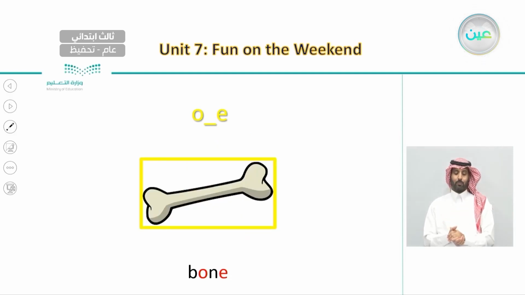And also the other word from the OE group of words, which is bone. Bone. Say with me. Bone. Bone is also a body part, in a human and also in animals.